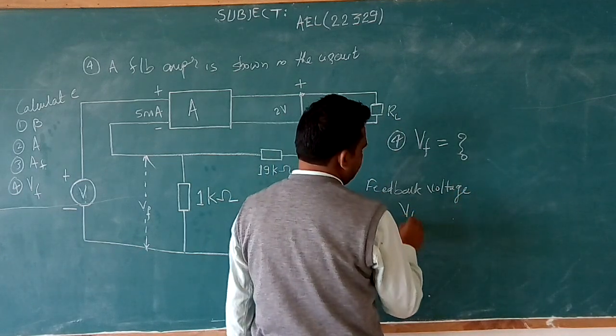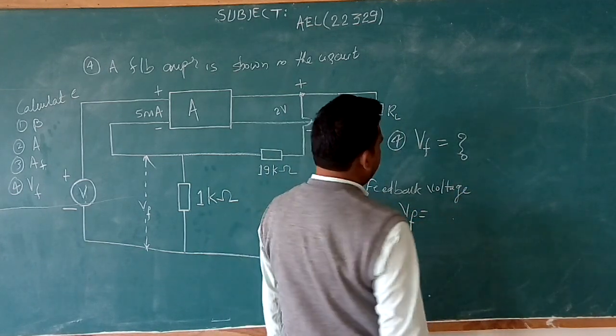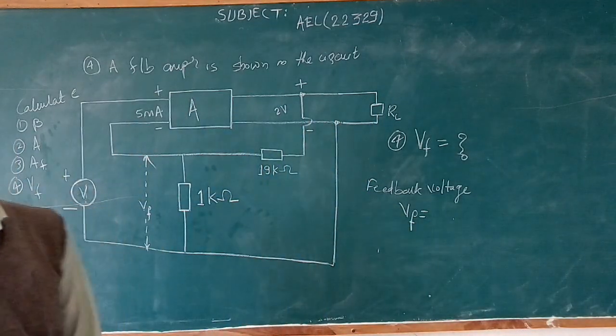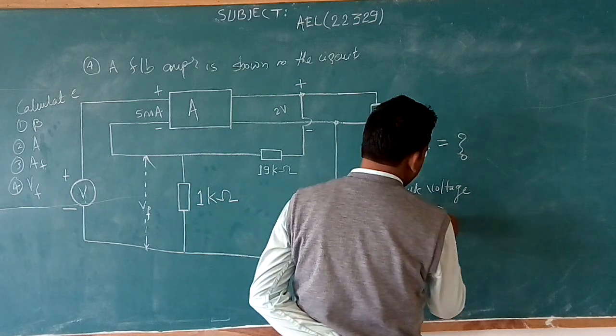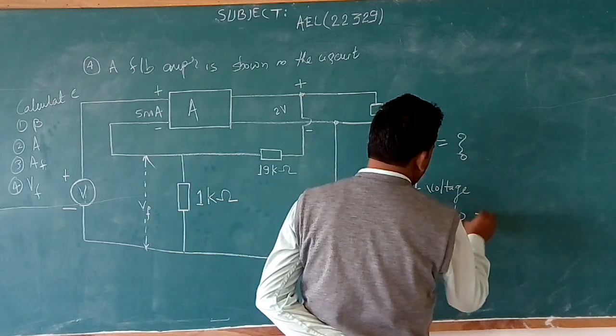Feedback voltage Vf is given by beta V0.